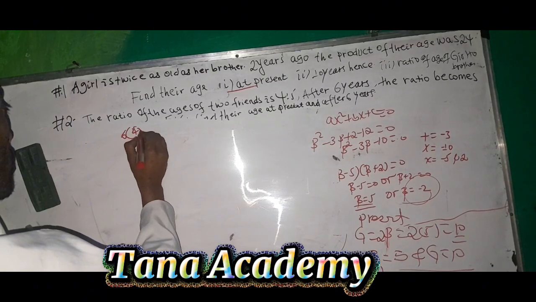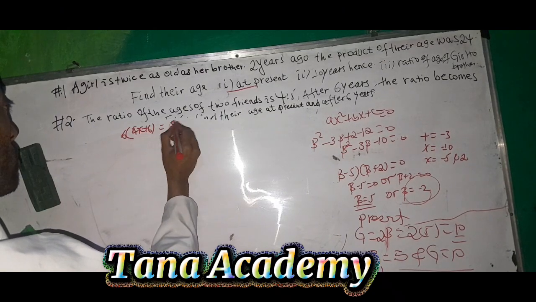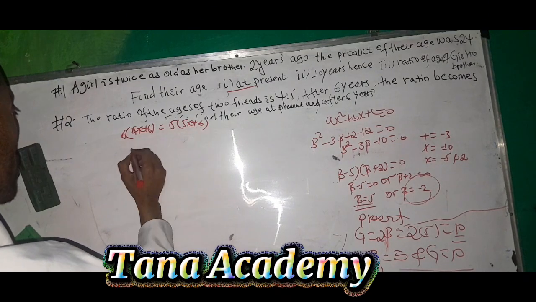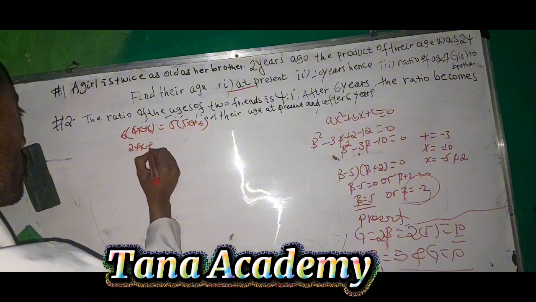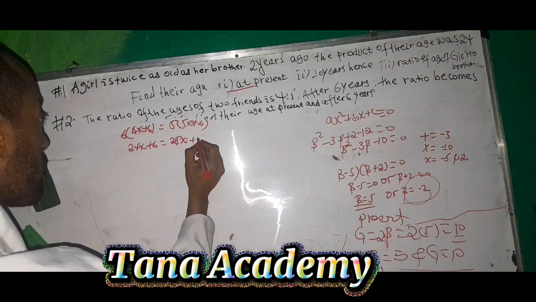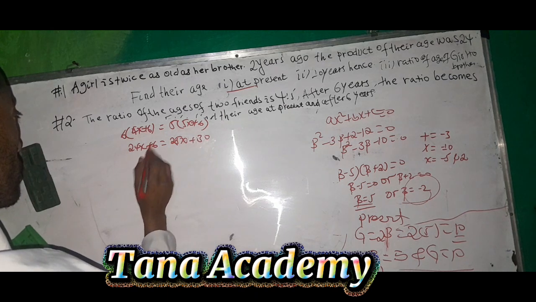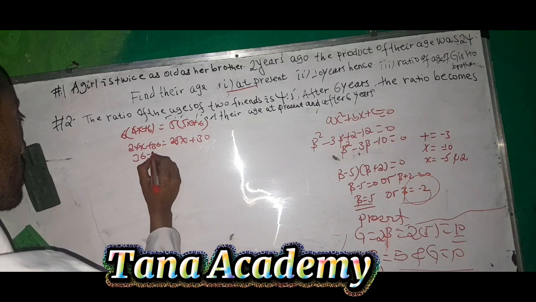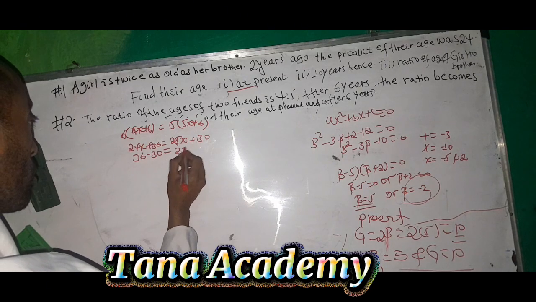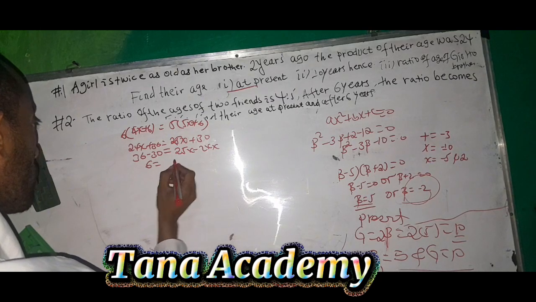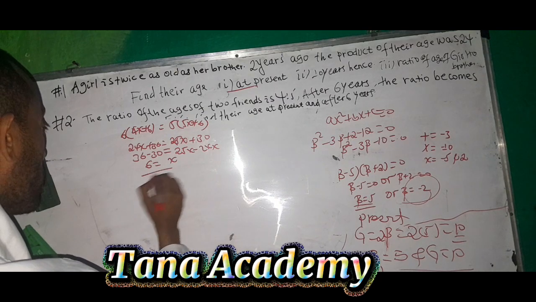Again, 6 times (4x plus 6) is equal to 5 times (5x plus 6), that means 24x plus 36 is equal to 25x plus 30. So 36 minus 30 is equal to 25x minus 24x. Therefore, 6 is equal to x.